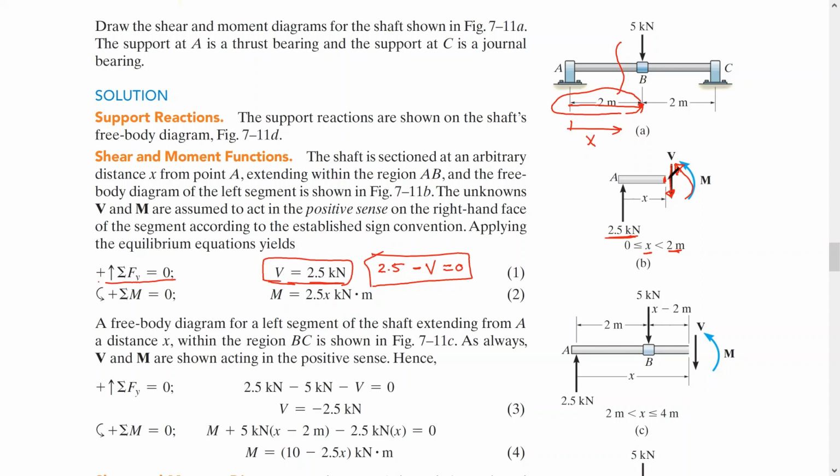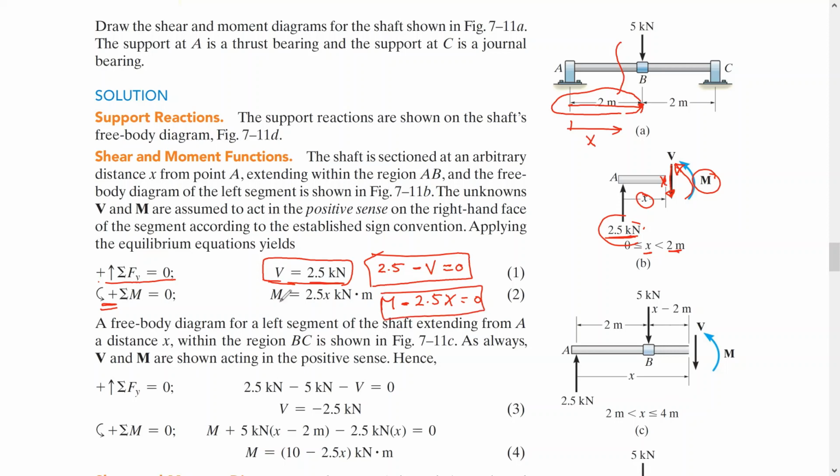Taking the moment at the point we made here, summation of moment equal 0, assuming it positive counterclockwise. We do have here moment, which is this one, minus, because this is positive counterclockwise, minus 2.5 times x, because this distance is x, equals 0.